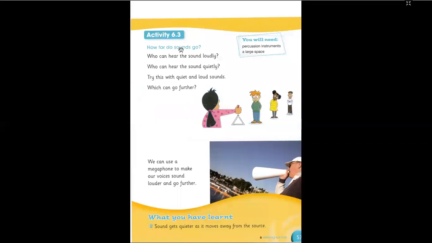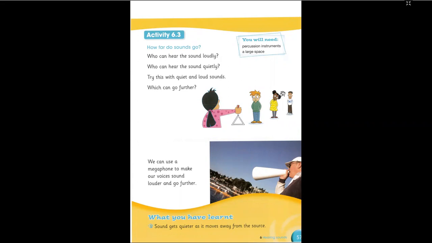How far do sounds go? See the picture. The children are standing in a line and one girl is making a noise. They are doing a practical to understand how far the sound moves.